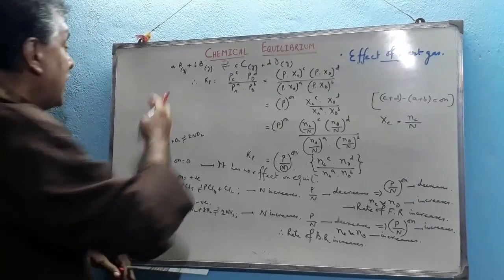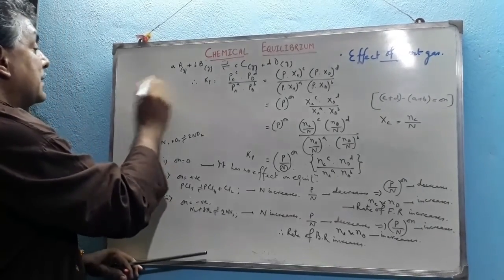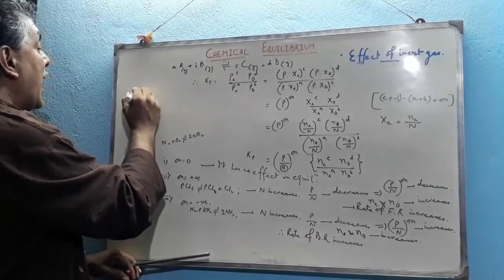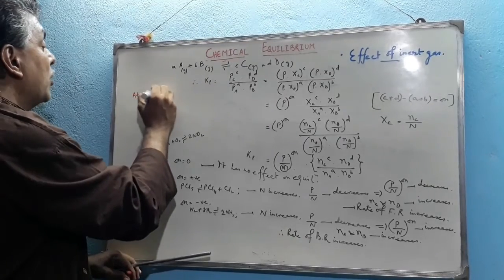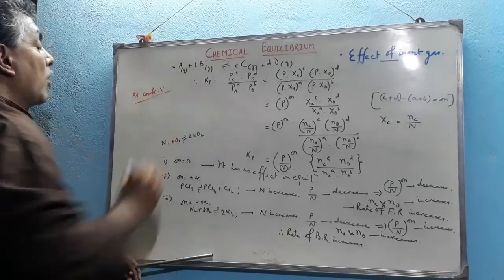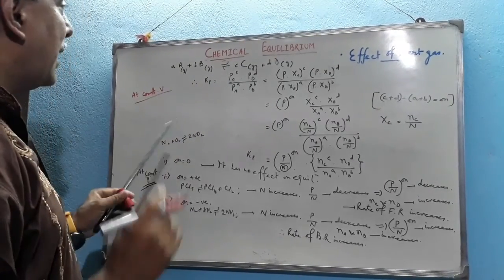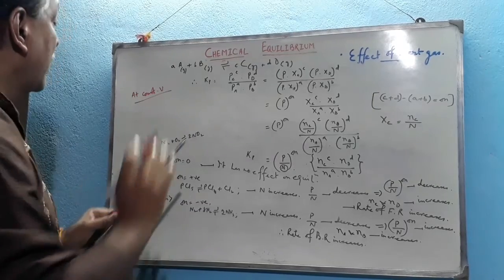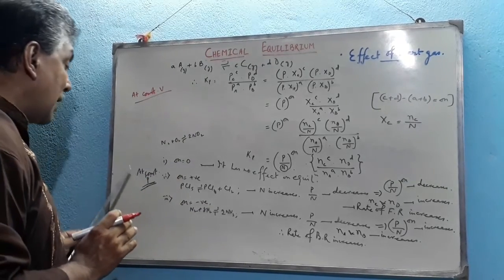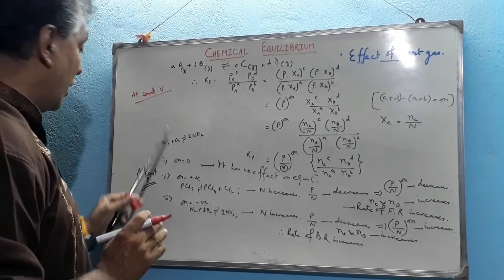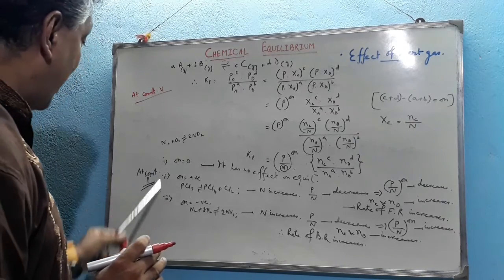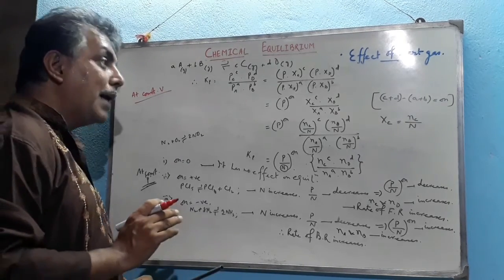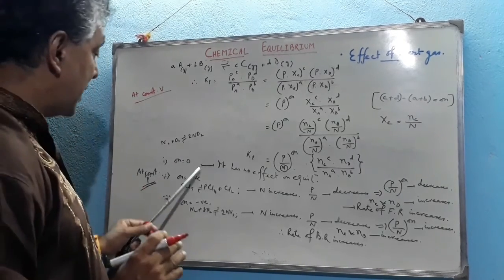constant pressure. But if some inert gas is inserted inside the container at constant volume, because only in these two cases we can insert some inert gas into the container, at constant pressure and at constant volume. We have already discussed the effects of input of the inert gas at constant pressure. These are the effects.